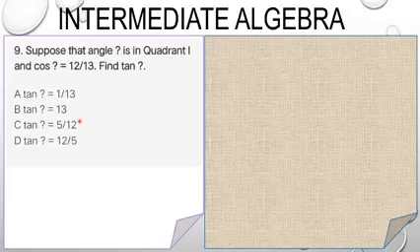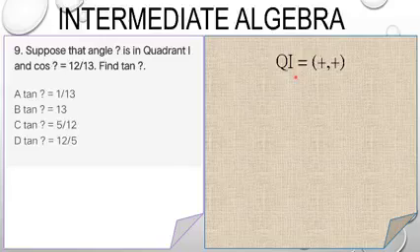Okay? So our given in this item number 9 is quadrant 1 daw. Okay? So recall that in a Cartesian coordinate plane, nahati siya into 4 quadrants. Okay? Quadrant 1 na binubuo ng positive x-axis and also the positive y value, or that is positive abscissa and positive ordinate. Yung quadrant 2 naman natin ay binubuo ng negative abscissa and positive ordinate.